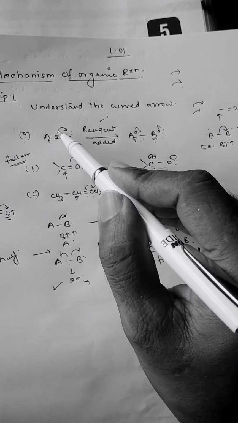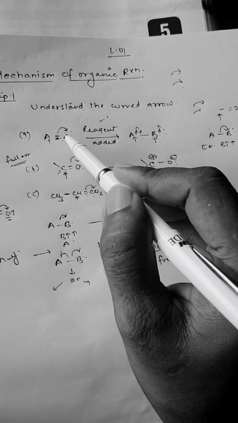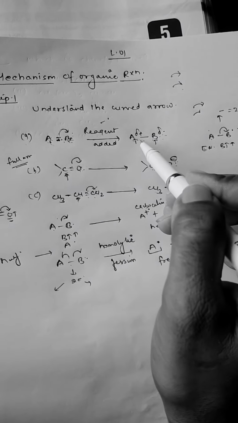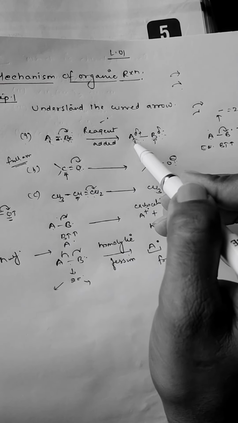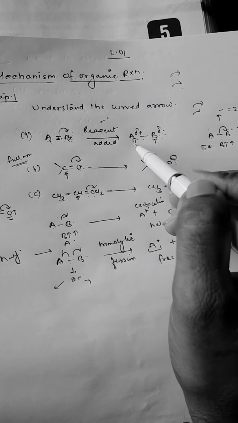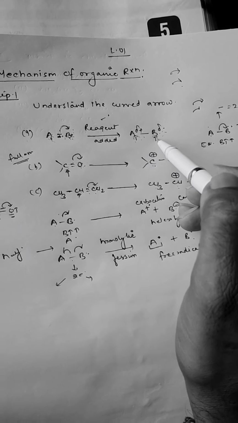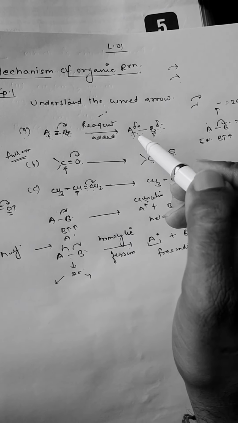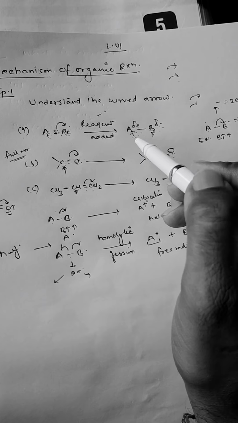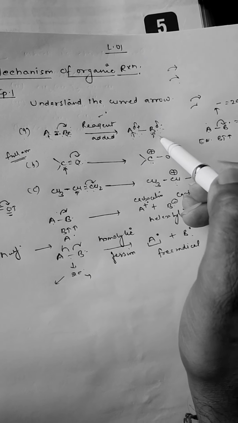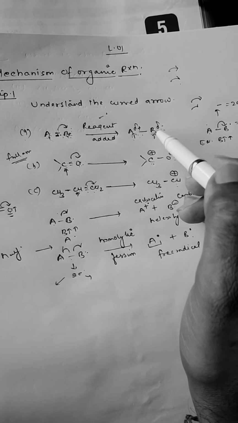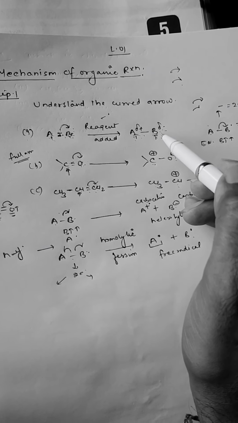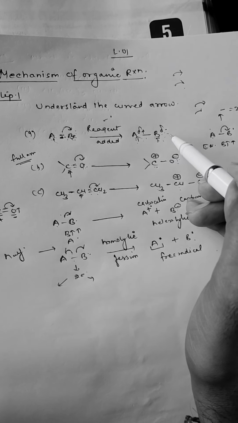And since A has lost its share of the electron density, A is converted to delta plus. A is in an electron-deficient condition and B is in an electron-excess condition. A wants to complete its octet, because its octet is incomplete, while B has a complete octet but also has excess electrons, so it is able to donate electrons to another species.